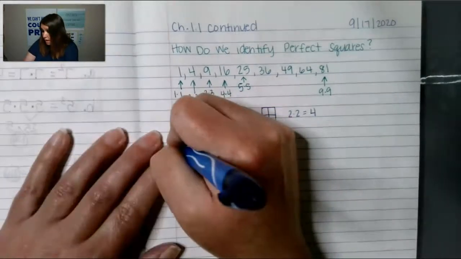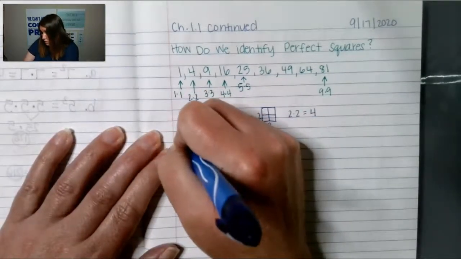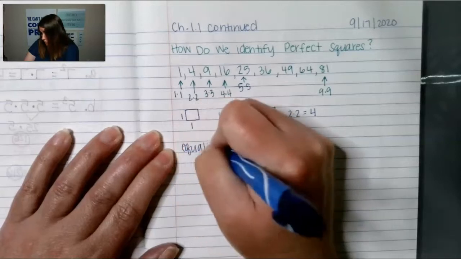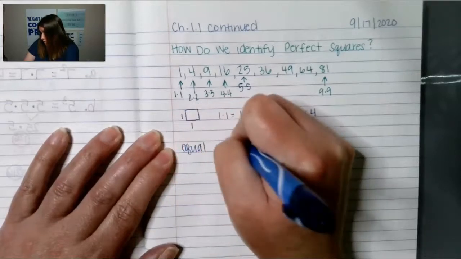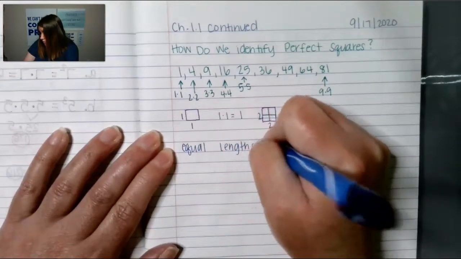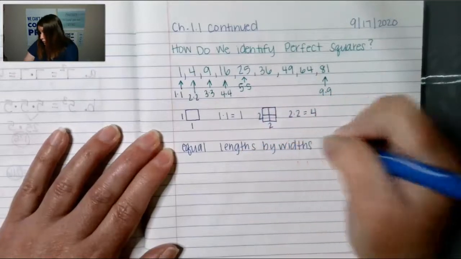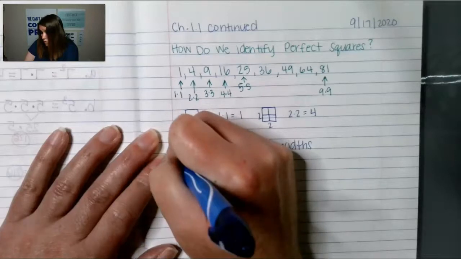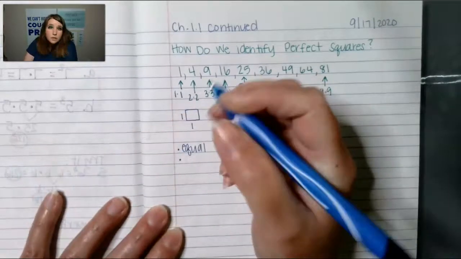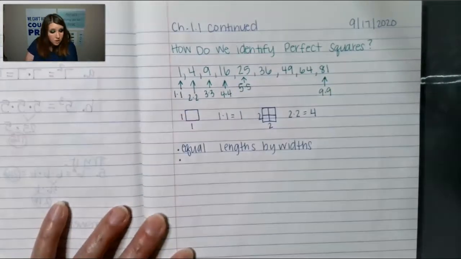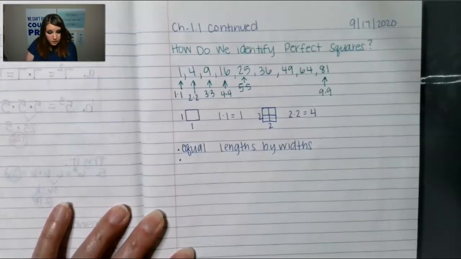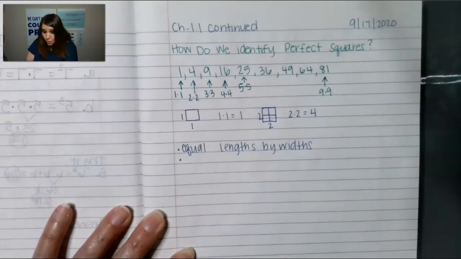Okay, so they have equal lengths by widths, or they're squared. Okay, or it's a perfect square because the whole number, it's 2 of the same whole number.